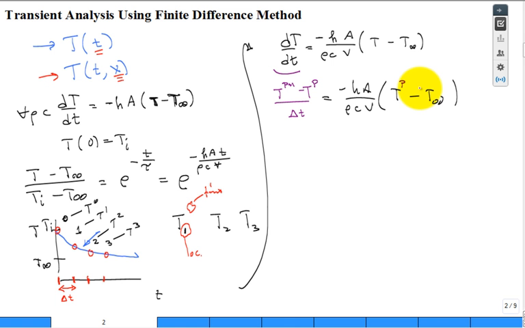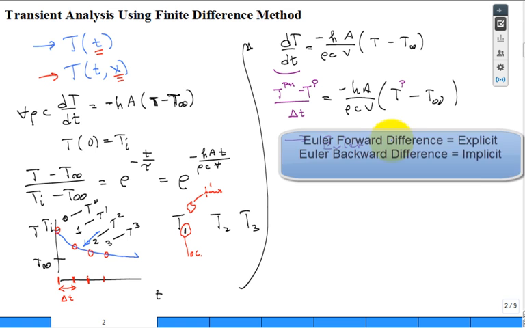You can put p there, or you could put p plus 1. And right away, you see if you put a p there, that's the Euler method difference. And if you put a p plus 1, this would be implicit.